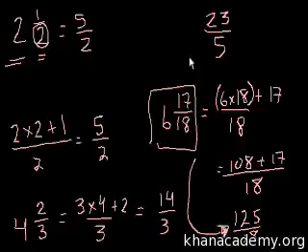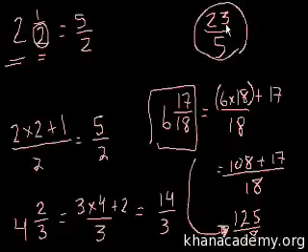Let's do a couple more. In a couple of minutes, I'm going to teach you how to go the other way, how to go from an improper fraction to a mixed number. And with this one, I'm going to try to give you a little bit of intuition for why what I'm teaching you actually works. So let's say 2 1/4.